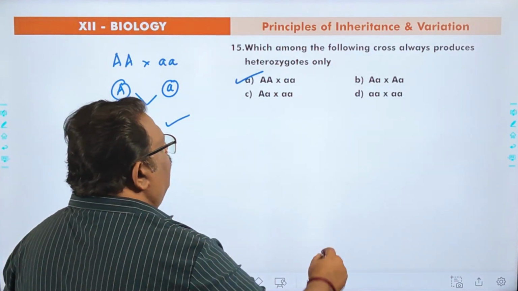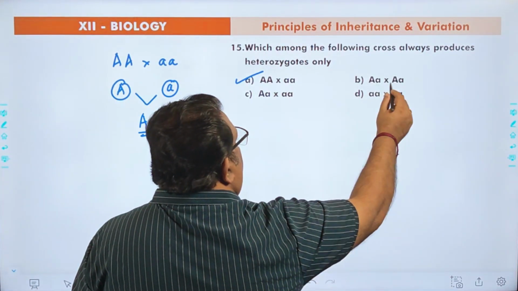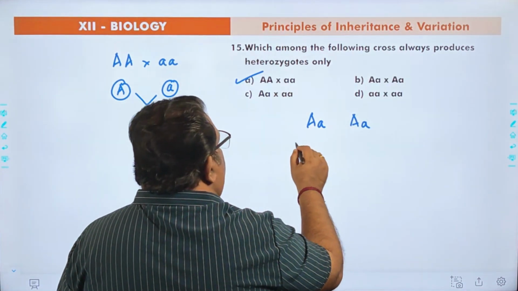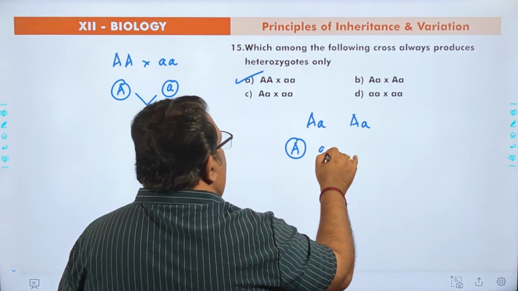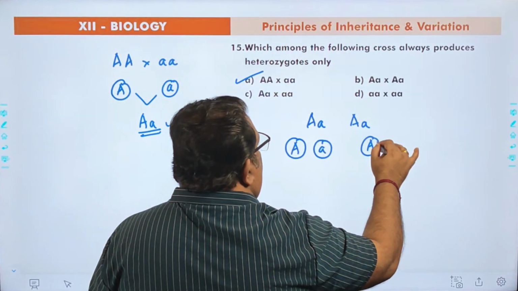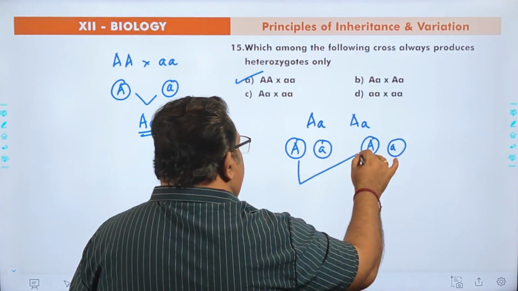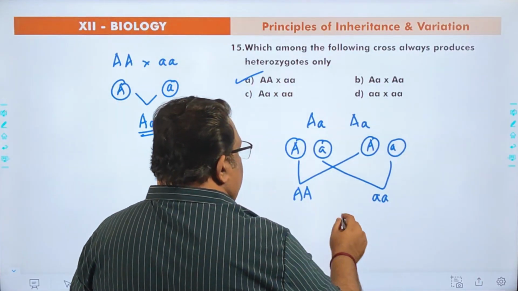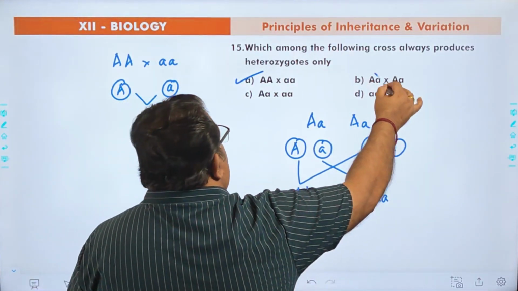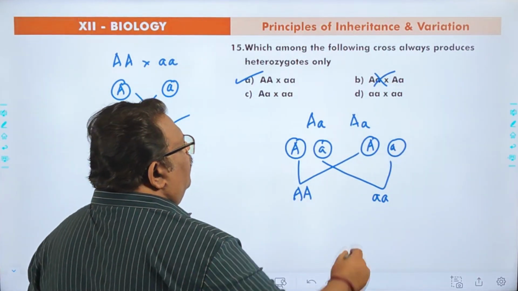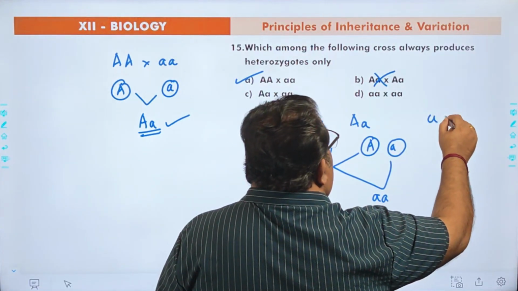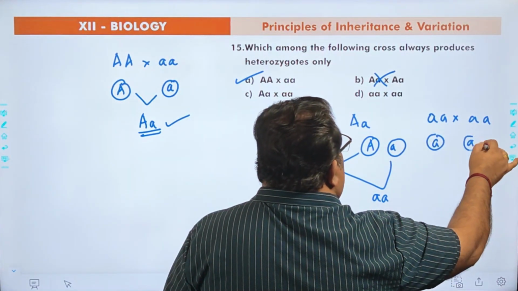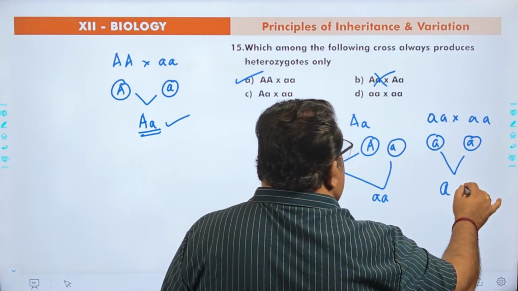So here, in the case of capital A, small a, capital A, small a, 2 types of gametes are there, capital A and small a. Here also capital A and small a. So homozygous and heterozygous are possible. In this case, small a into small a, the gametes are always small a.